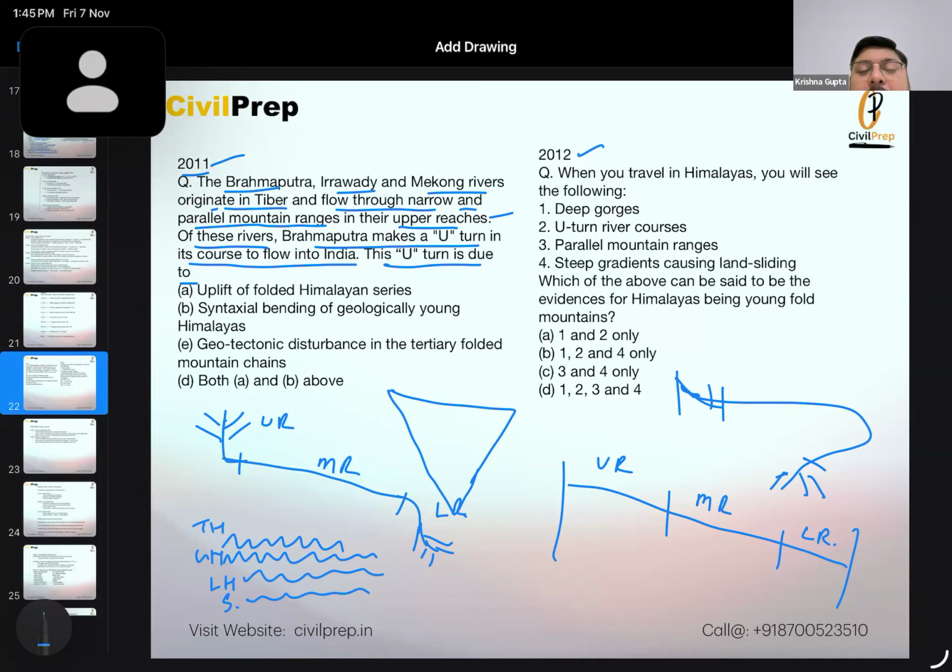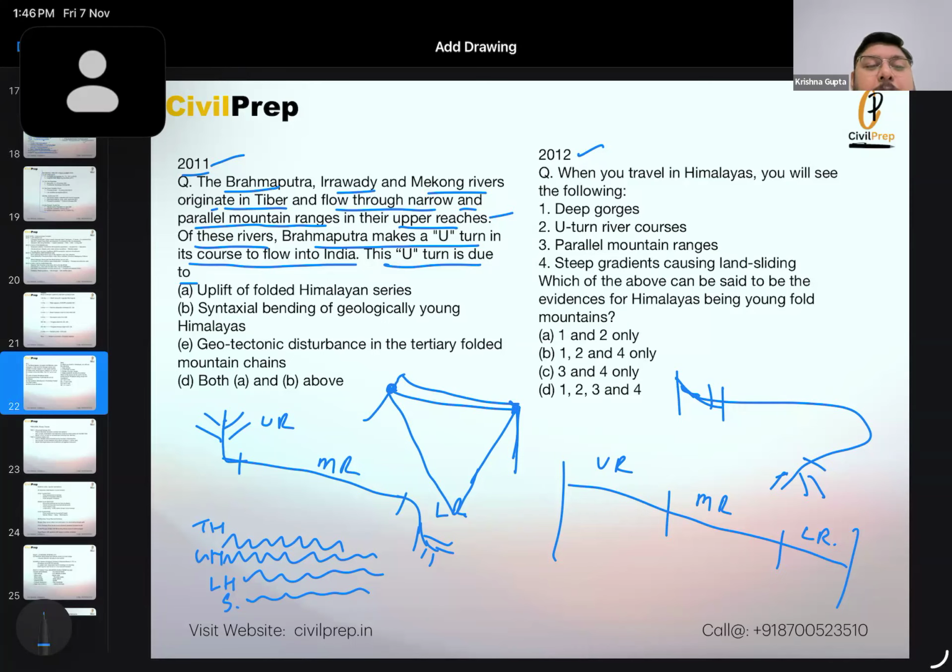When the Indian plate collided with the Eurasian plate around 45 to 50 million years ago, two syntaxal bands were formed. The first syntaxal band is present in the region of northwestern Himalayas or northwestern India. Then we move towards the eastern Himalayas. There is another syntaxal turn, and then it moved towards the southern direction. So this we observe in India, and it is also present as a part of the Indian physiography.